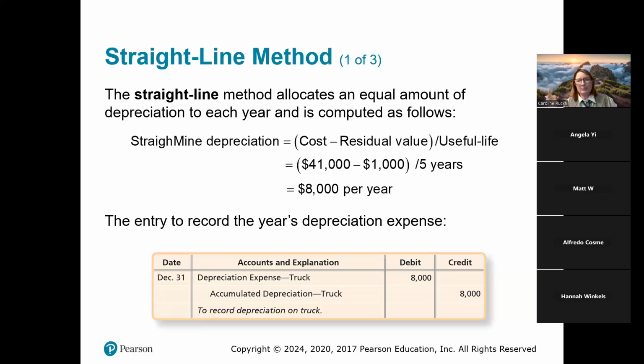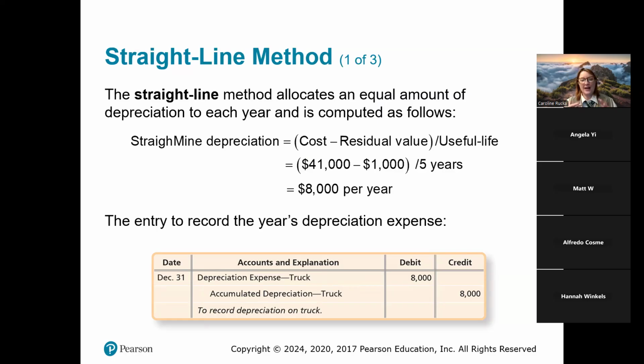Okay, straight line, the most commonly used method of depreciation. Know this, remember it. You will be seeing this again in your business life, even if you don't go into accounting. So with straight line, it is exactly what it says it is.